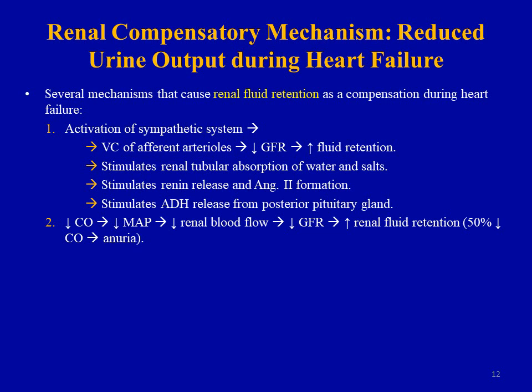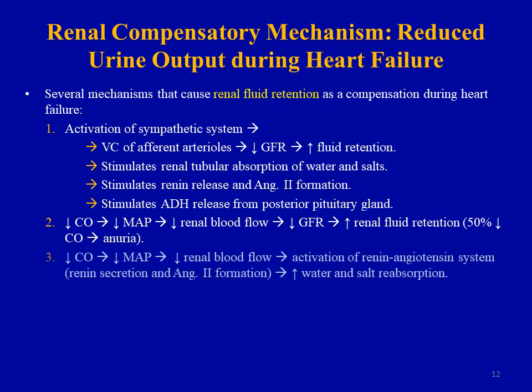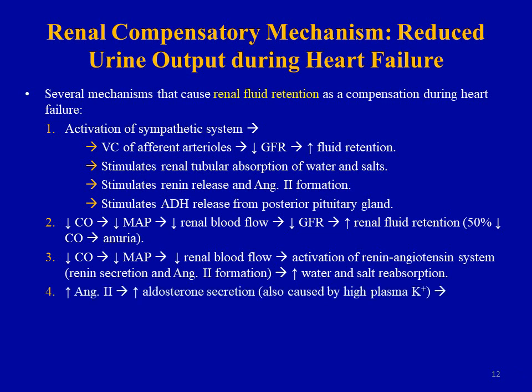Another way renal compensation will work in heart failure: a reduction in the cardiac output will decrease the mean arterial pressure, and this will lead to reduced renal blood flow, and this will activate the renin-angiotensin system, renin secretion and angiotensin II formation, and the final result will be water and salt reabsorption and increase in blood volume.